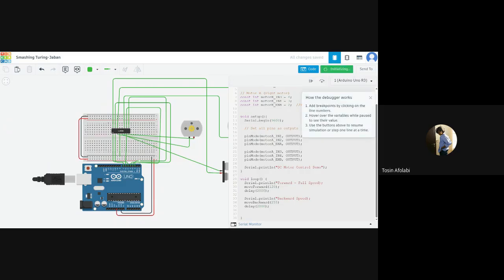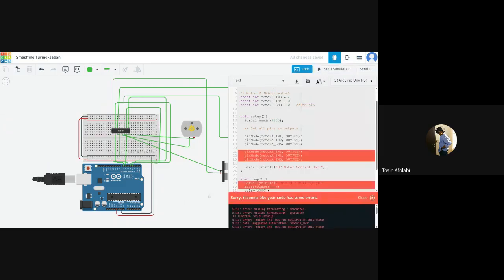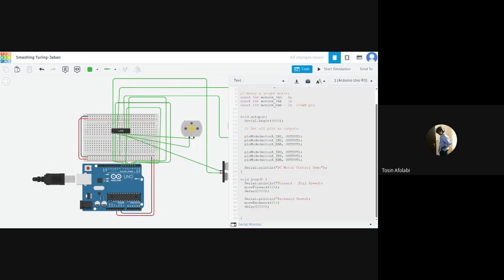Start simulation. Oh, I made a mistake. Right here, it's supposed to be B, where I put A. Close.